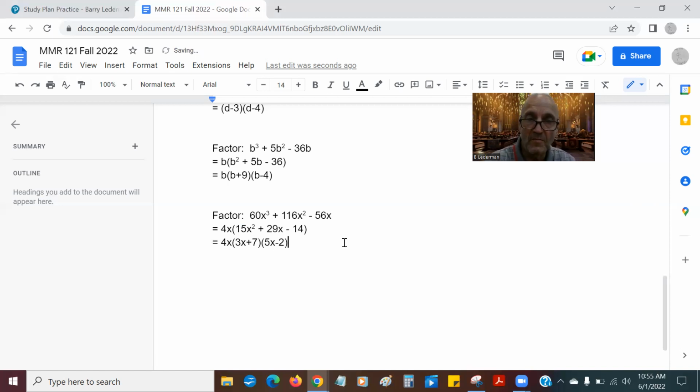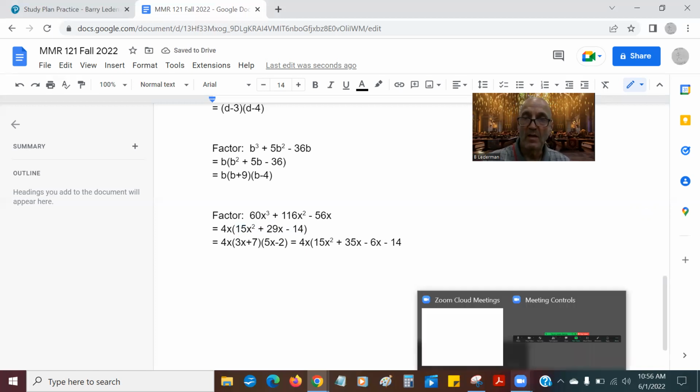Now, if you FOIL this out, you will get 4x times 15x to the 5th, plus 35x, and then minus 6x.